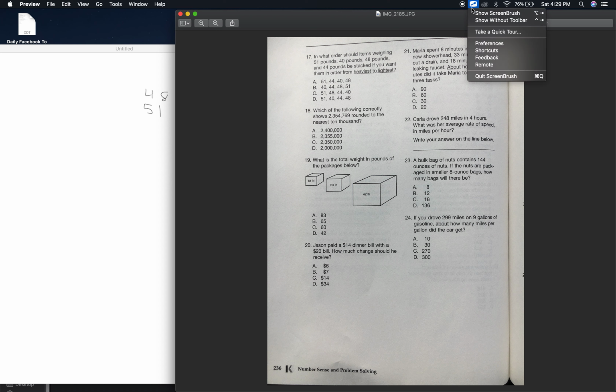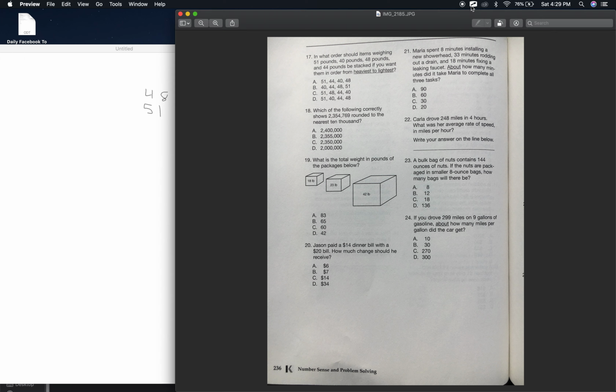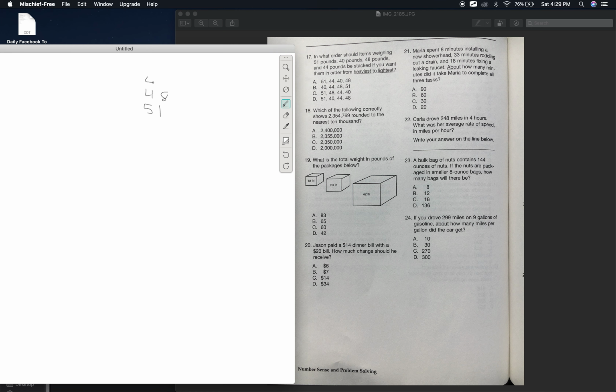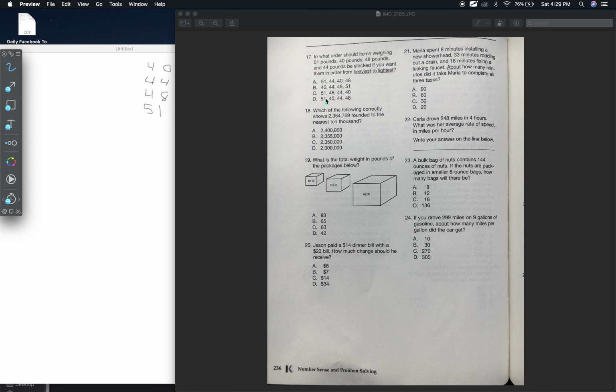The ones place number here is 0 and this one is 4, so we know that 44 is larger than 40. Therefore we know the order in which to stack them: 44, then 40. As you can see here, they wrote them out like so: 51, 48, 44, 40. So C is your answer.